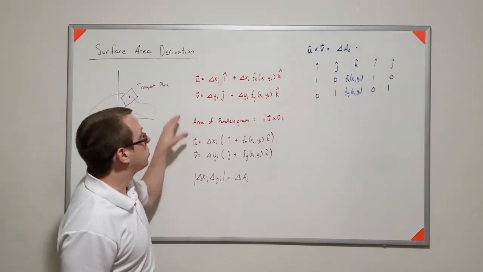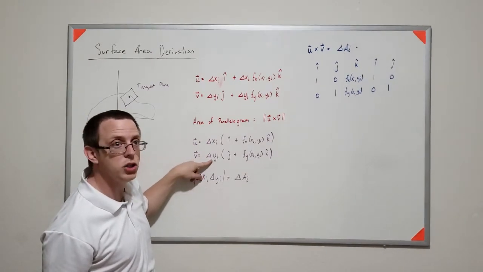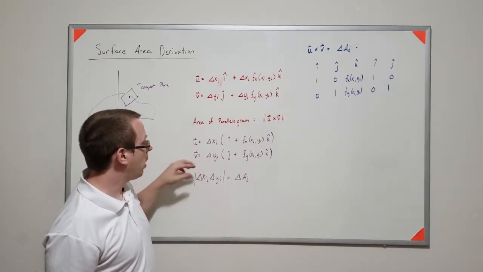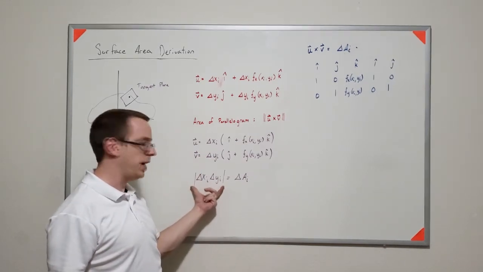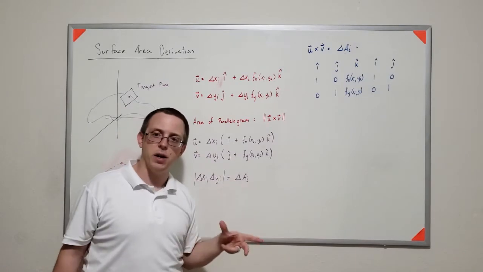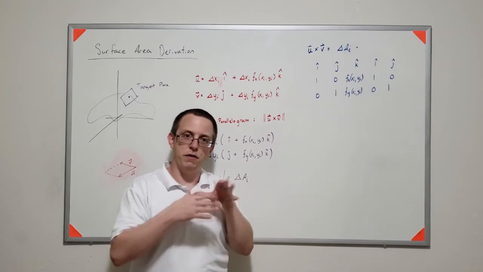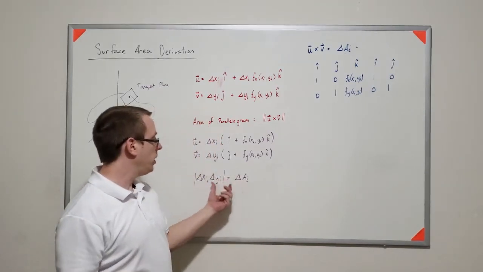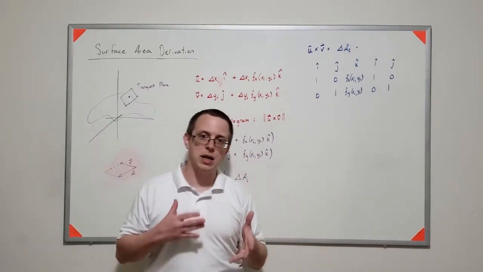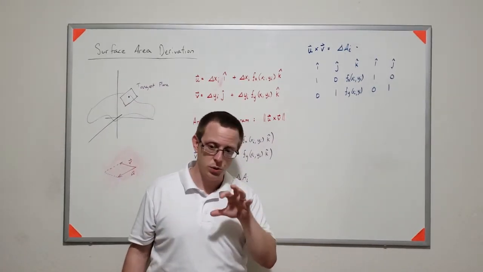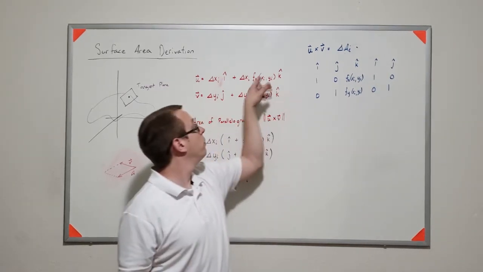To simplify our process, what I did is I factored out delta x and delta y at each point. And what I also want you to know is that if I multiply delta x and delta y together, I get the area of just the piece if it were a rectangle. So you're really getting this area piece of the rectangle, and you're going to get something that's kind of like a sine theta for this thing. It's not quite like that because you have a little bit of scaling there.